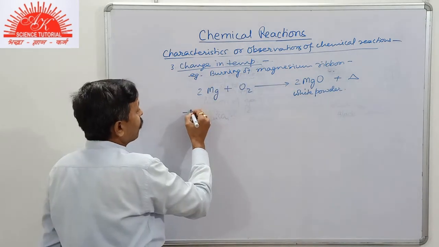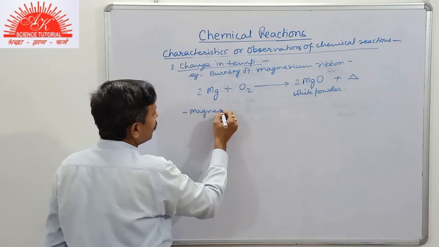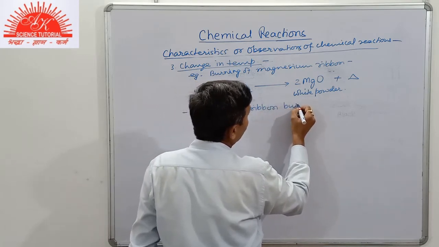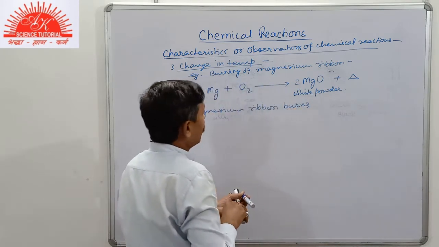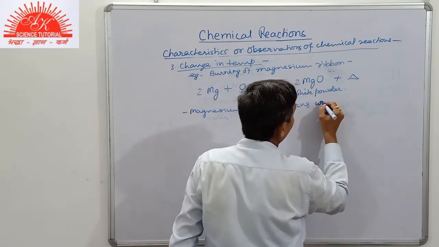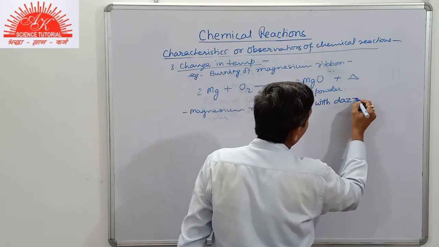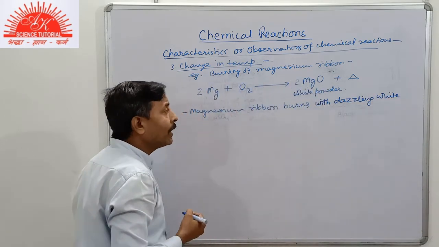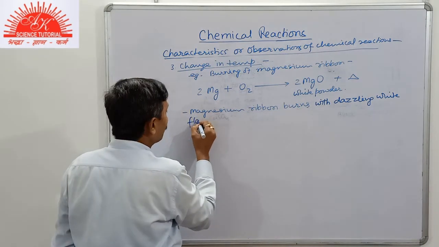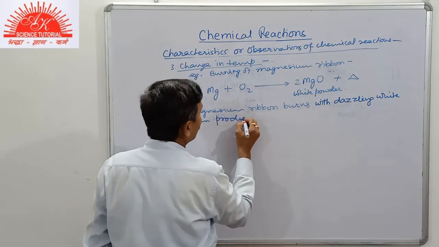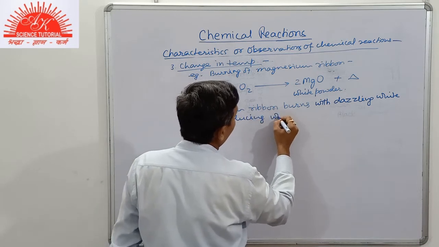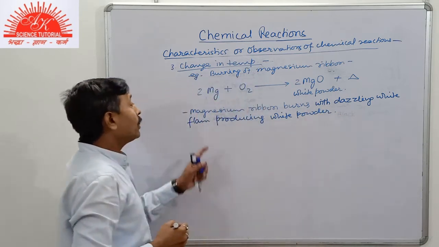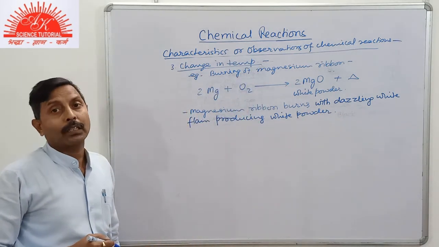Magnesium ribbon burns with dazzling white flame, that is very bright or brilliant flame, producing white powder. So here is the rise in temperature.